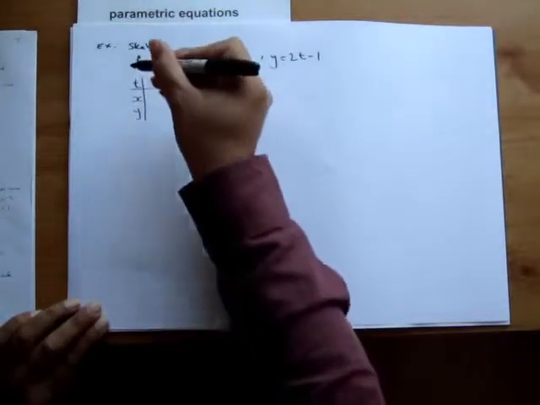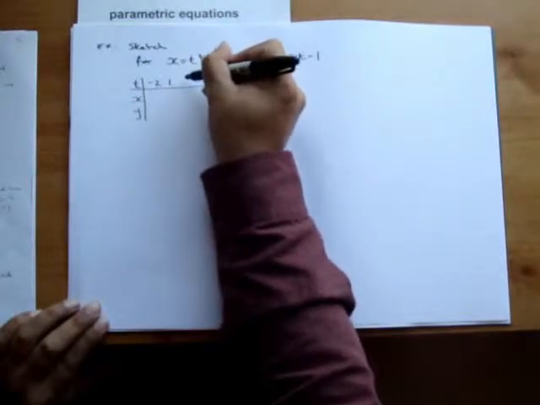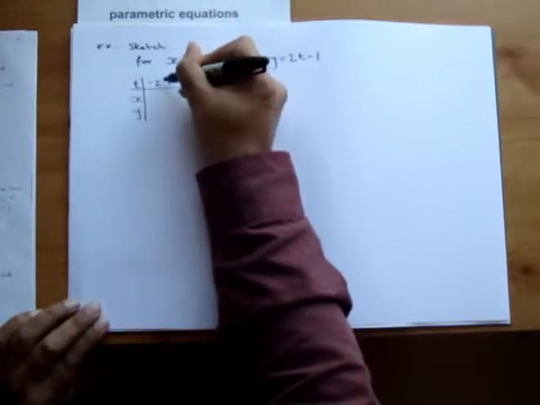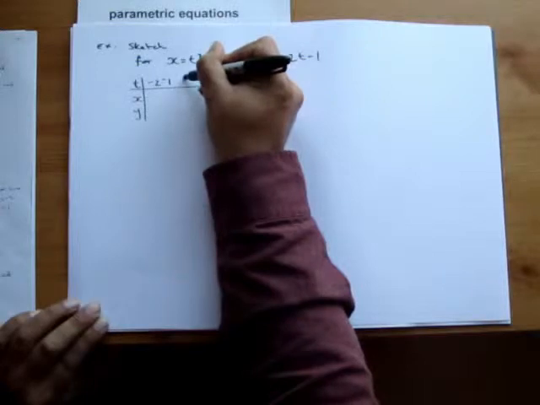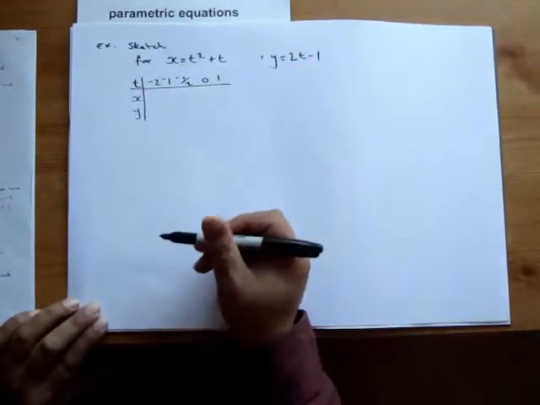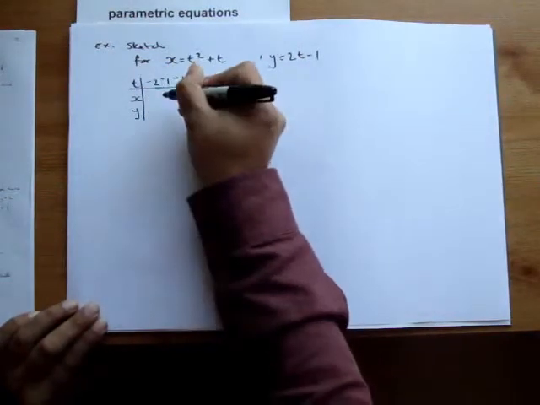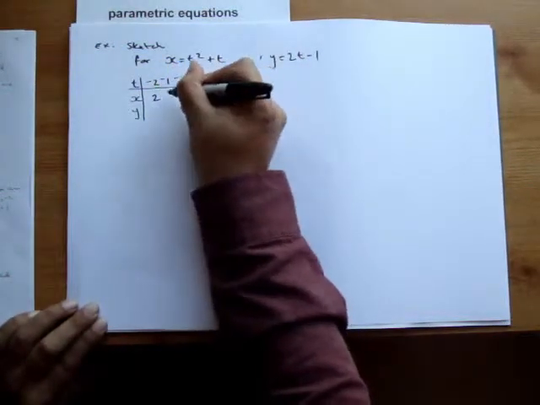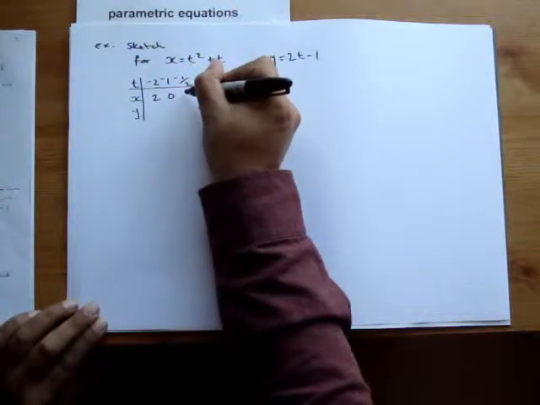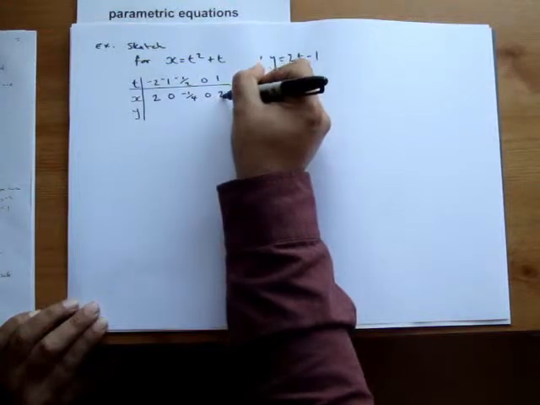So for example, let's choose minus 2, minus 1, minus a half, 0, 1. Putting these values into these parametric equations, we get for x 2, 0, minus quarter, 0 and 2.